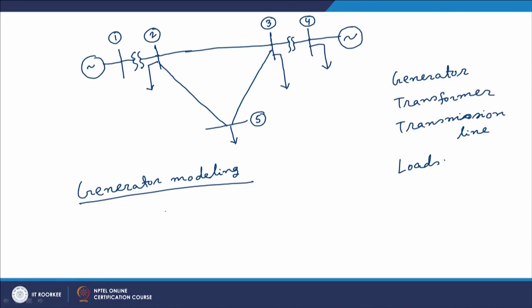So, any generator would be modeled by a simple voltage source connected at some bus, and that voltage source would be given by, let us say, E. Please note that we have put an overbar on top of E, denoting that it is a complex quantity. That means it can have some magnitude and also some angle delta.